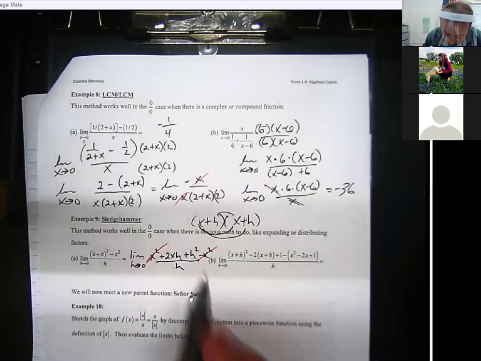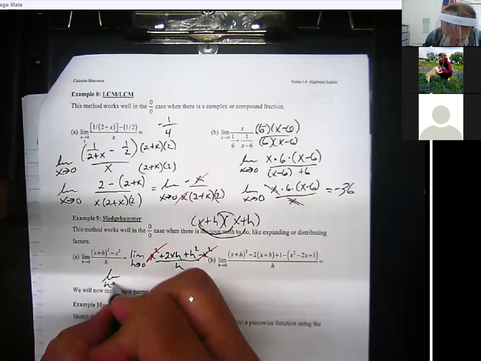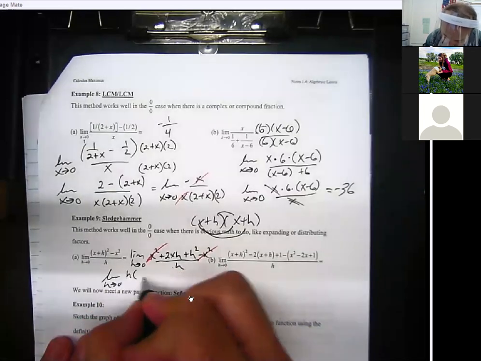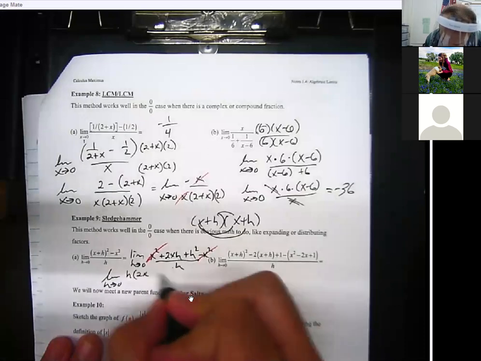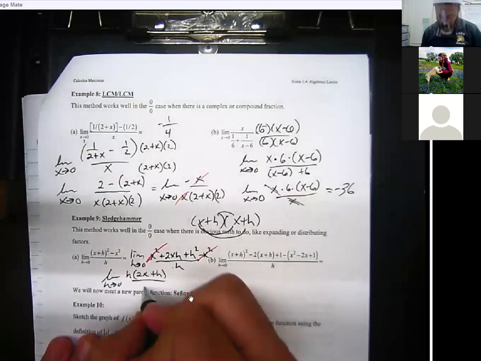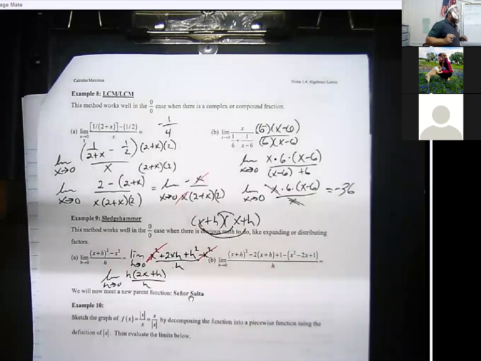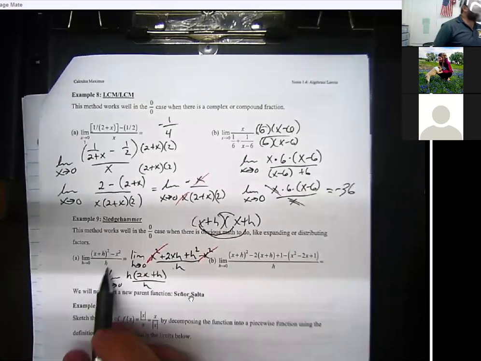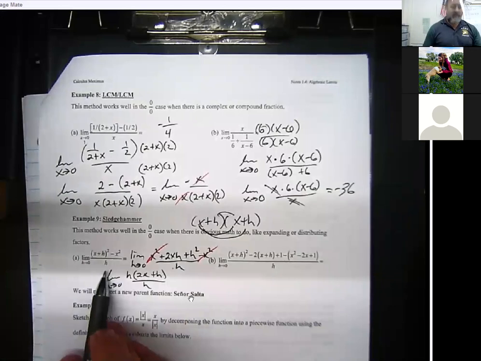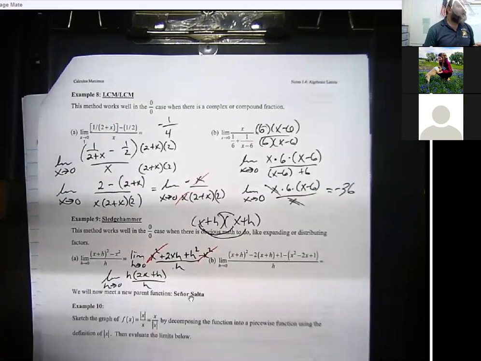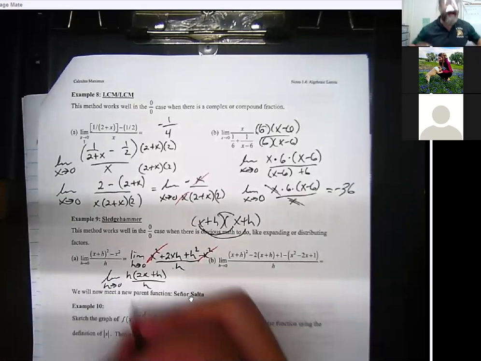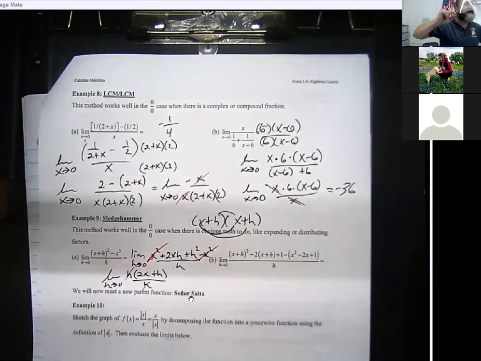Oh, so that means I could factor an h out of the top and leave 2x plus h all over h. Hey, wasn't that what we wanted? Didn't we want that thing that put 0 in the bottom to go away? Is that going to go away now? Ooh, what's left, careful, what happens as h goes to 0?